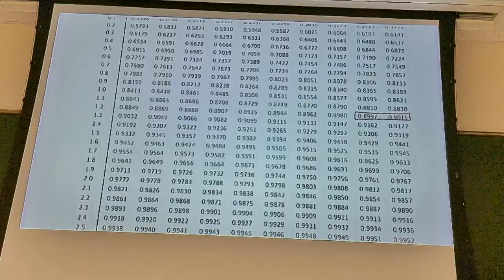It's somewhere between those two values. It's going to be kind of equally spaced, isn't it? No, it's not. What am I doing? Actually, it's closer to that 1.28 than it is to the 1.29. I'm just going to use 1.